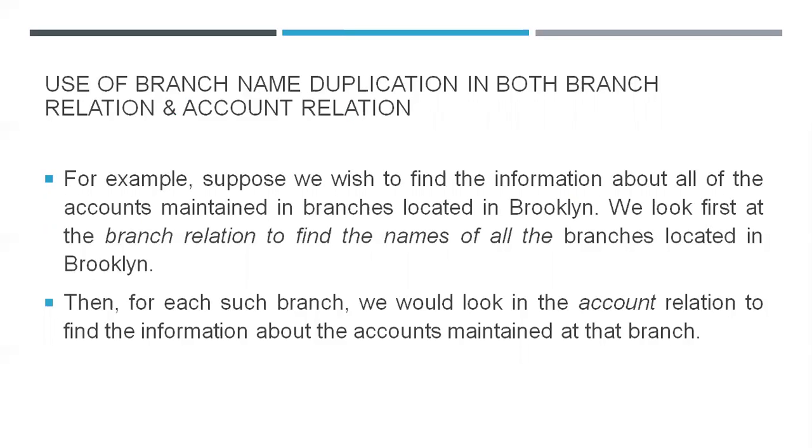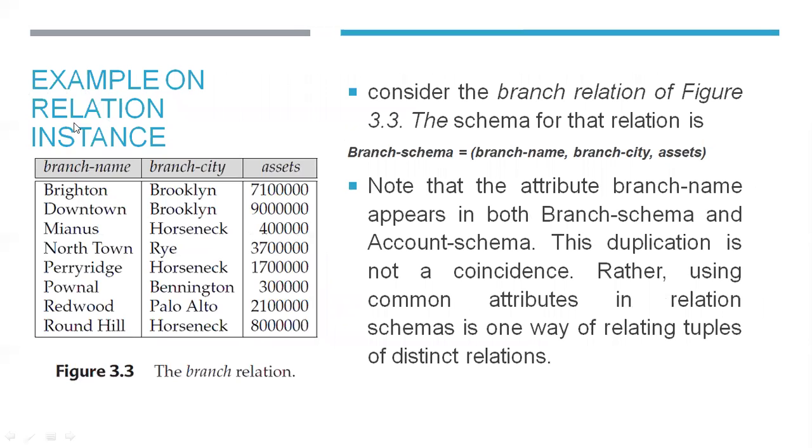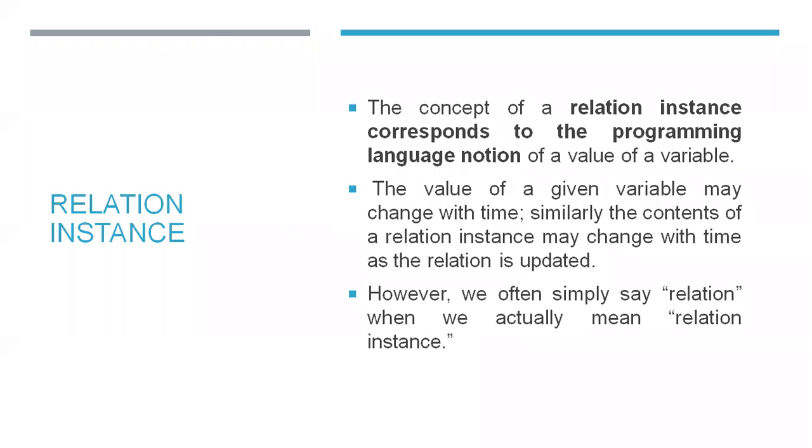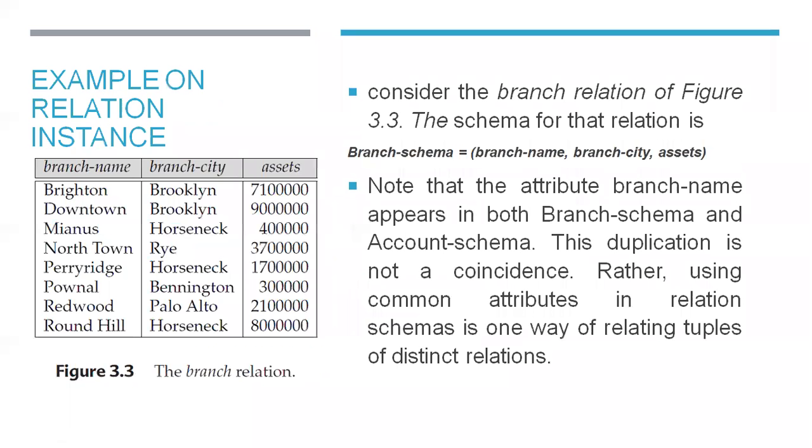That common attribute is nothing but branch name. I hope you got this. Database instance relates to a particular table, and relation instance relates to the relation which is between two different tables. I hope you got this. Repeat the video if you are not understanding it.